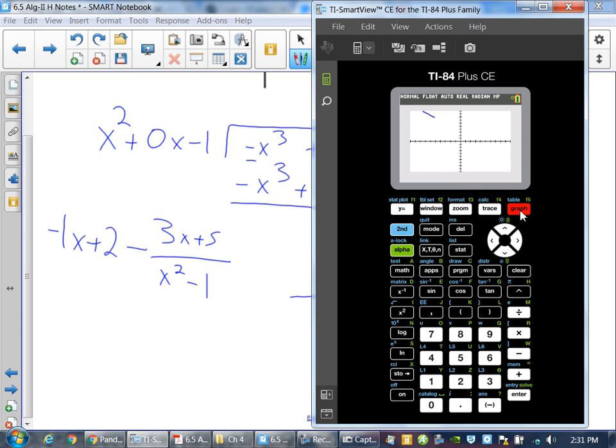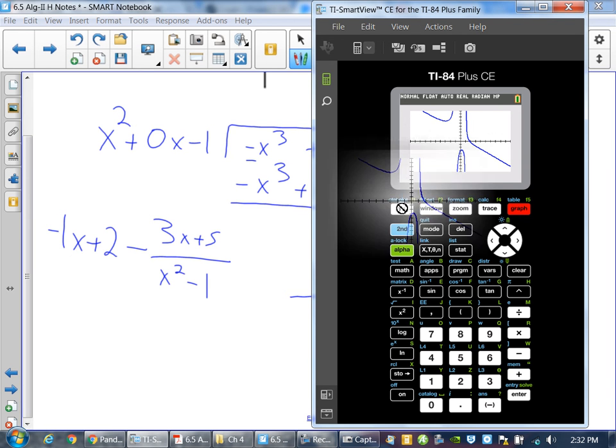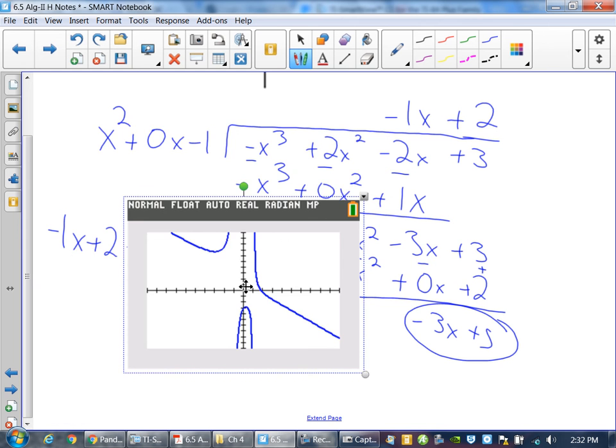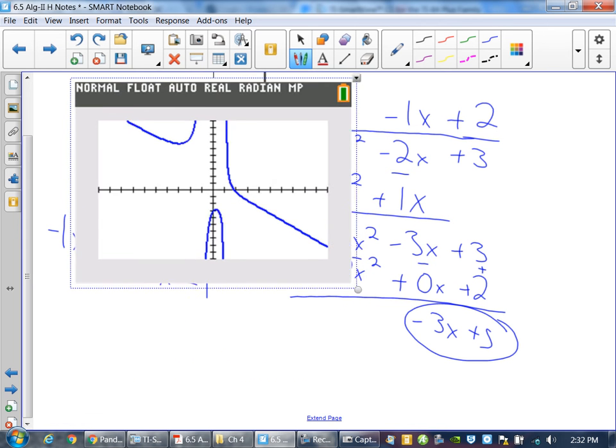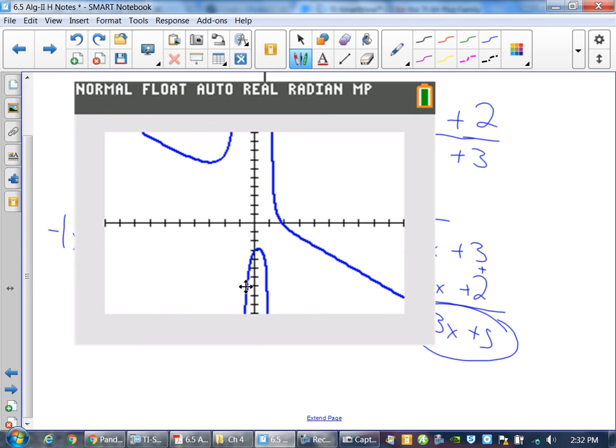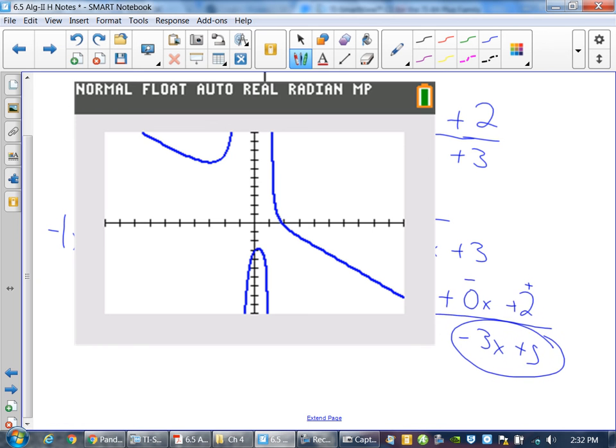If I graph this, it looks like a running stick figure, but you get this graph, it's not supposed to bend that way. Notice you get this part here, down 3, over 1, down 3, over 1, down 3.